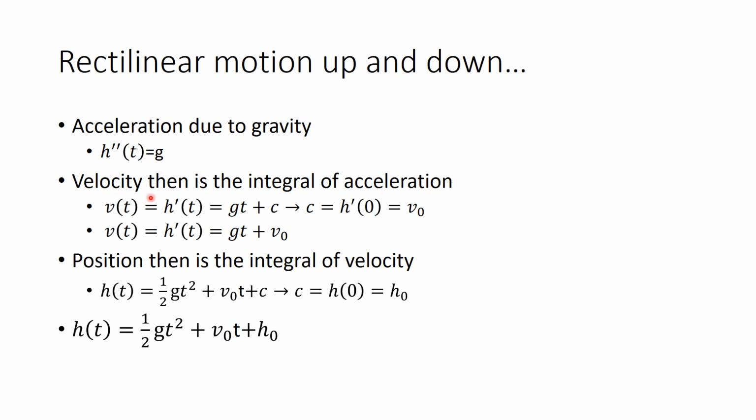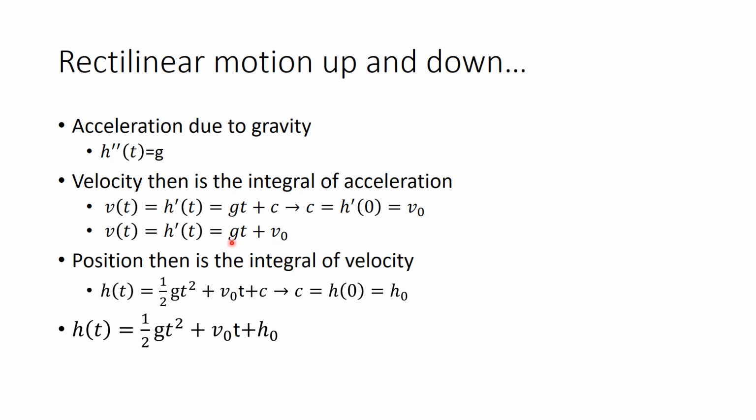The velocity then is the indefinite integral of acceleration. So velocity is going to be the integral, and when we integrate this, we get g times t plus c. But if I plug in 0, that is my initial velocity. So that means the velocity is equal to gt plus v0. But position is the indefinite integral of that.